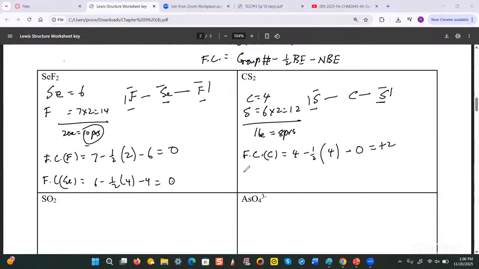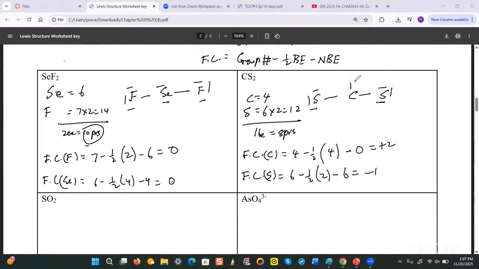And then we do a similar calculation for sulfur. So what's the group number of sulfur? 6 minus half the number of bonding electrons. So what's that? 2 minus the number of non-bonding electrons, which is 6. So this equals -1.